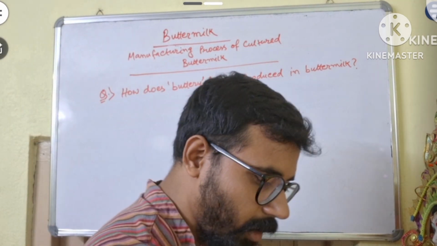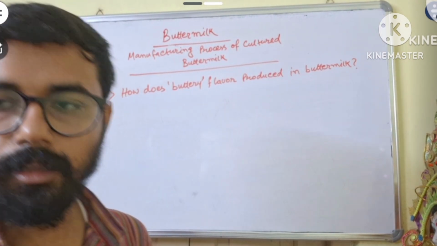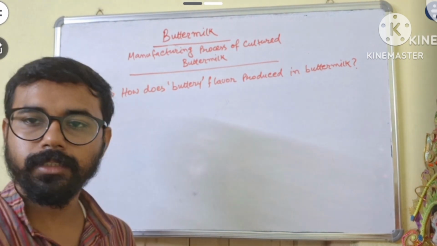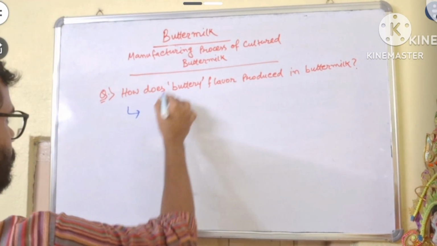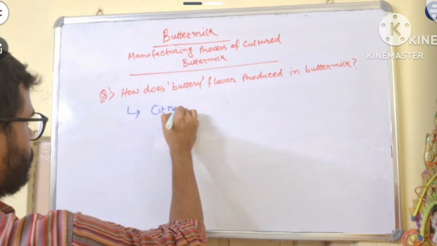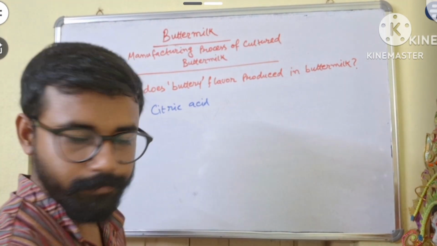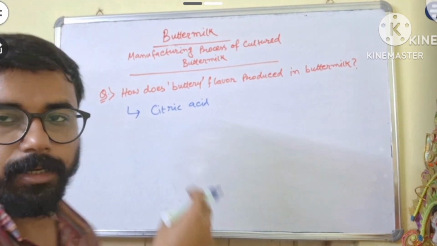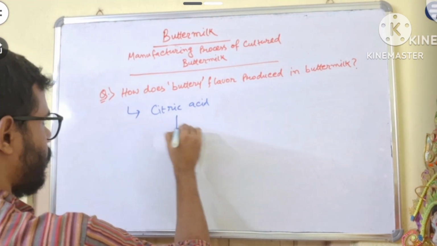Because we are using milk as the raw material, we do not use butter traditionally. So how is the buttery flavor created? Buttery flavor is created by the citric acid which is used during the standardization step, and this citric acid is fermented by these two bacteria. Citric acid is mainly fermented by the heterofermentative bacteria, but homofermentative bacteria also can ferment it.